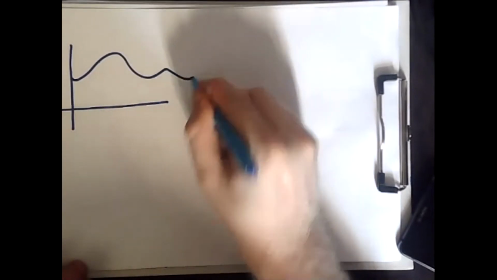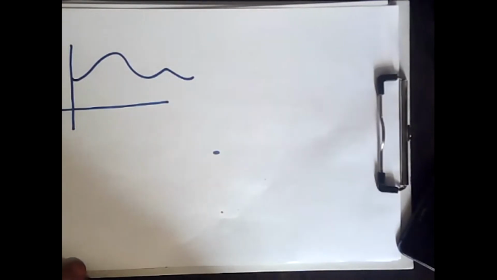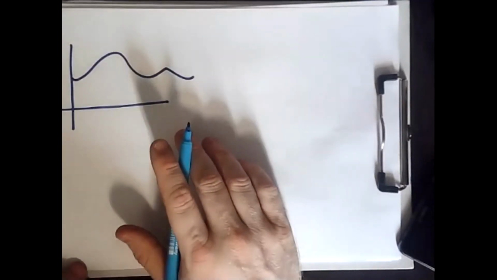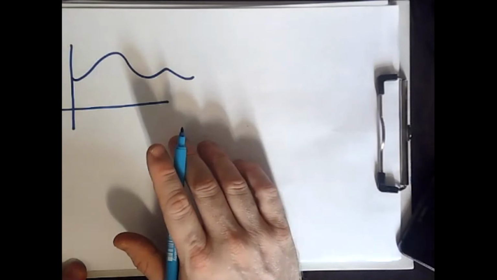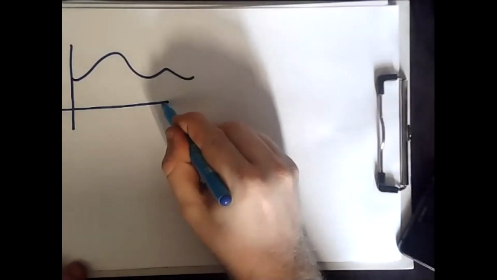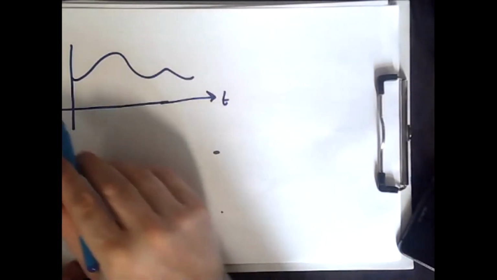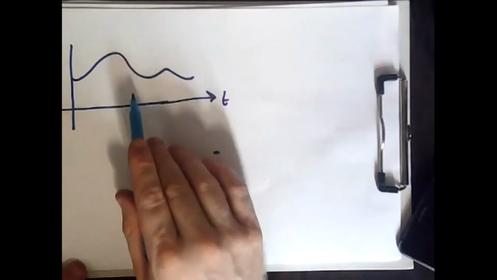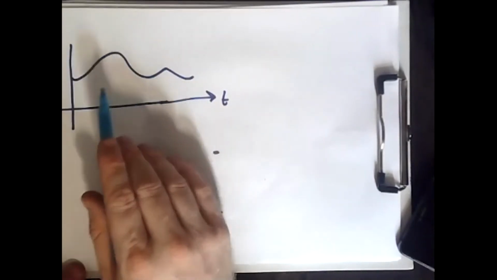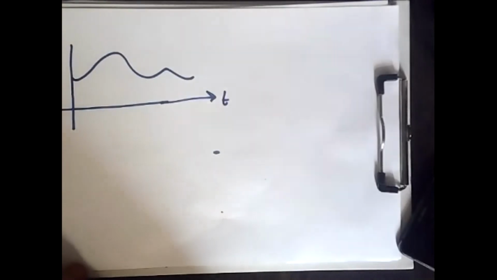Okay, so let's assume, for example, that we have any signal like that. This is an analog signal. Why is this an analog signal? Because it accepts all values on the time axis. So for any time you have a corresponding value, and for any value you have a corresponding time.